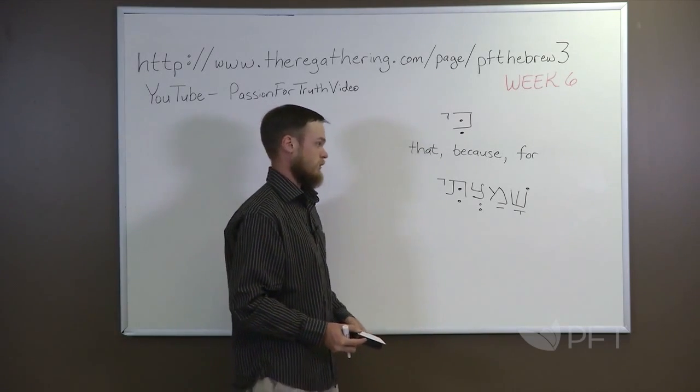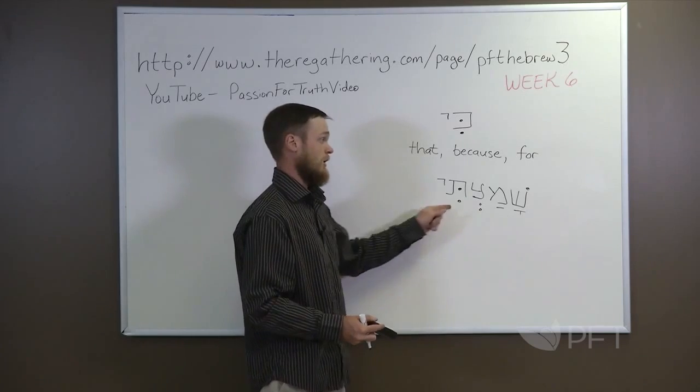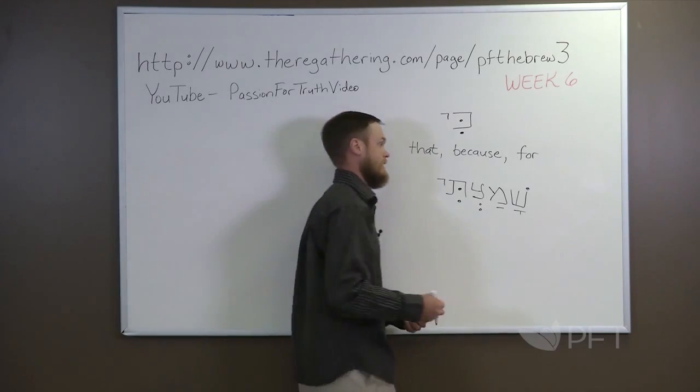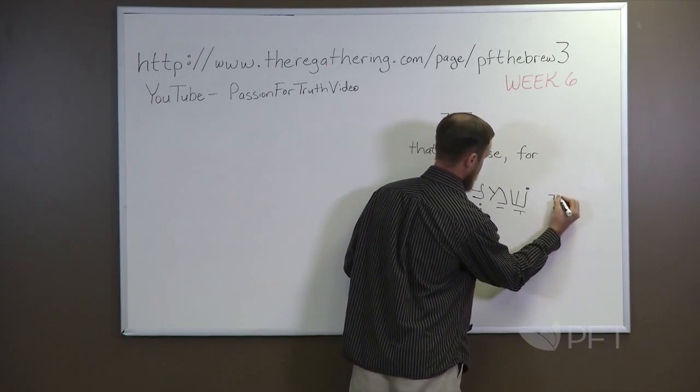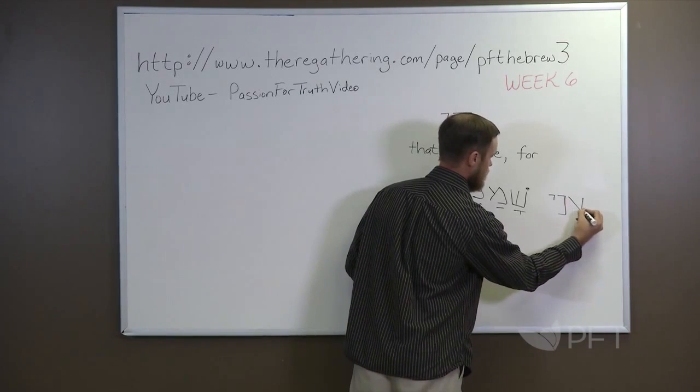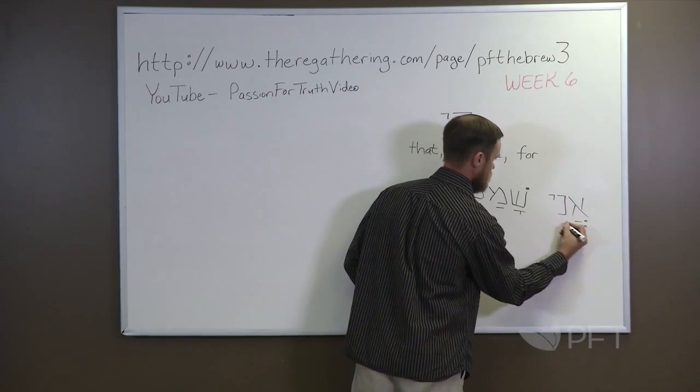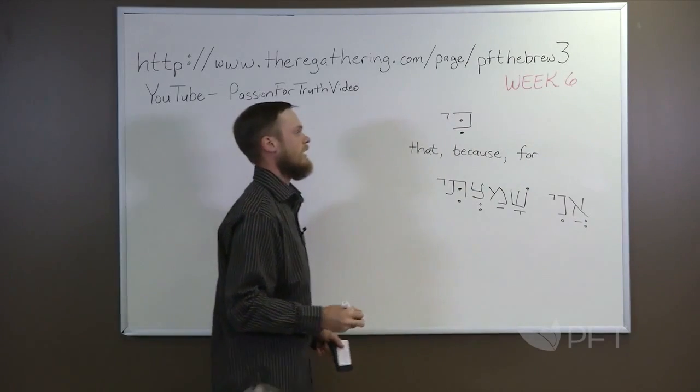And this is our past tense, first person singular. So shamangti would be I heard. We could also add ani onto this, but we don't have to. But that it would be the accompanying pronoun. Okay, ani shamangti, I heard.